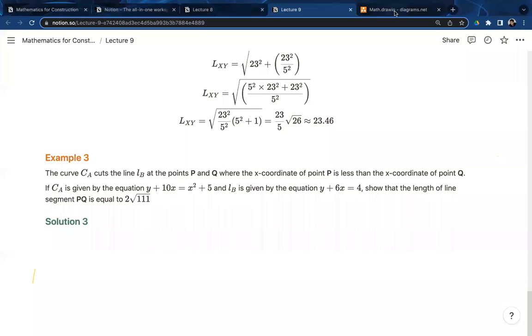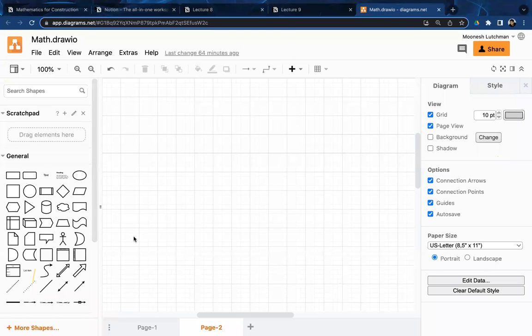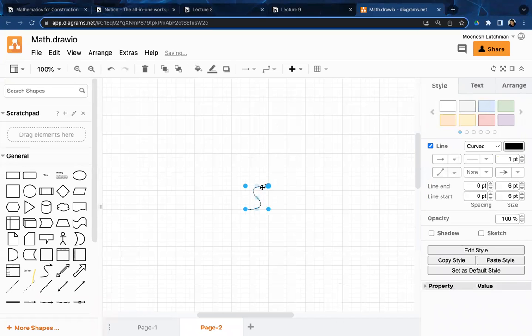Let's draw a curve. If I have a curve like this here, right? That's what's happening here. I have a quadratic. Quadratic is a U-shaped kind of thing.